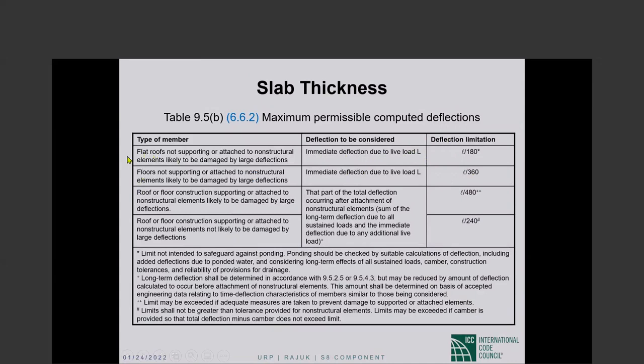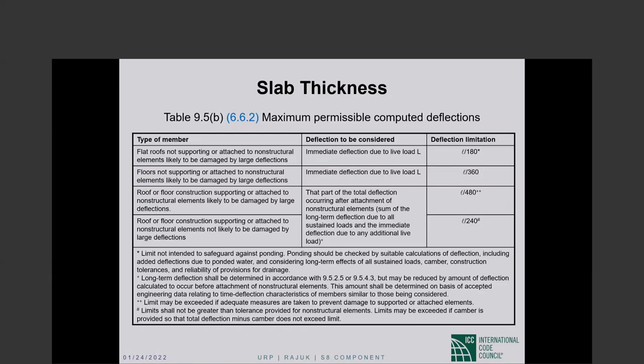So flat roofs not supporting or attached to non-structural elements likely to be damaged by large deflections, L over 180. Floors not supporting or attached to non-structural elements likely to be damaged, then it is L over 360. So if damage to non-structural elements is unlikely, L over 360. If it is likely, then tighter limit of L over 180.